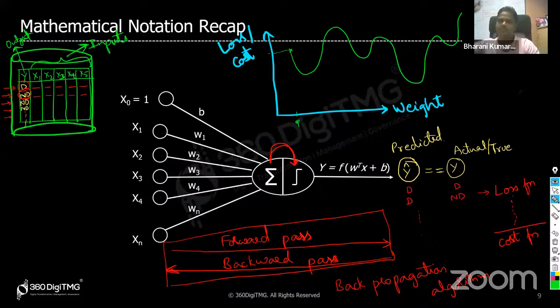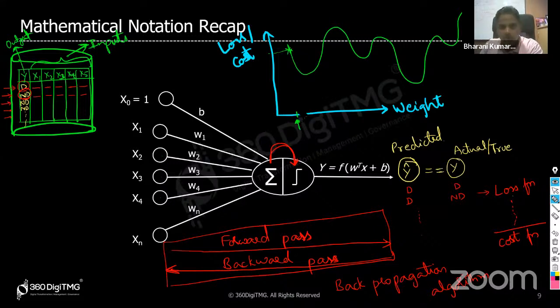It will be a curve. So if your weights are randomly assigned, then say this happens to be your loss or cost. What is your goal? Your goal is to achieve the minimum misclassifications, minimum incorrect predictions. So minimum loss or minimum cost is what we want, which would in turn mean we want minimum incorrect predictions.